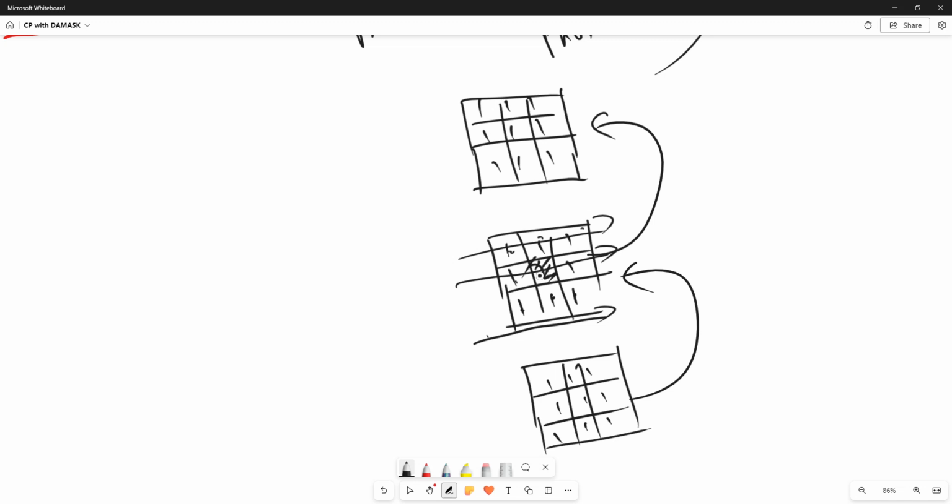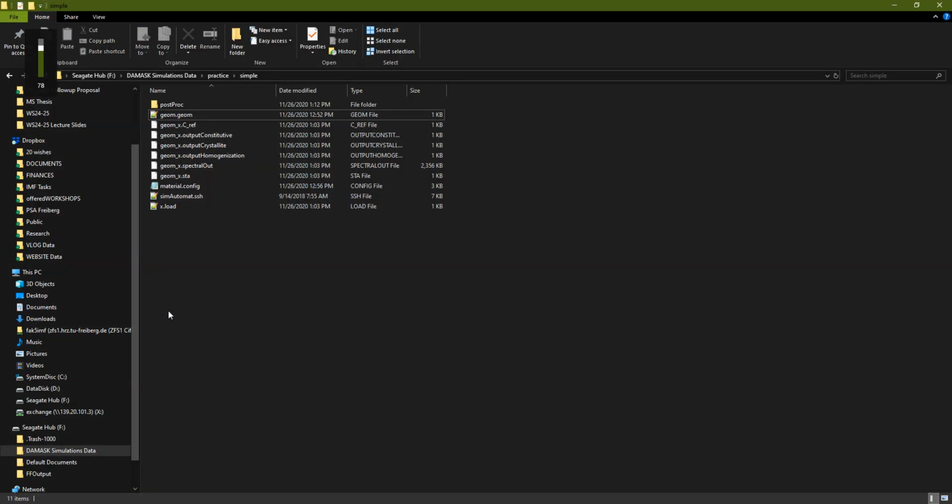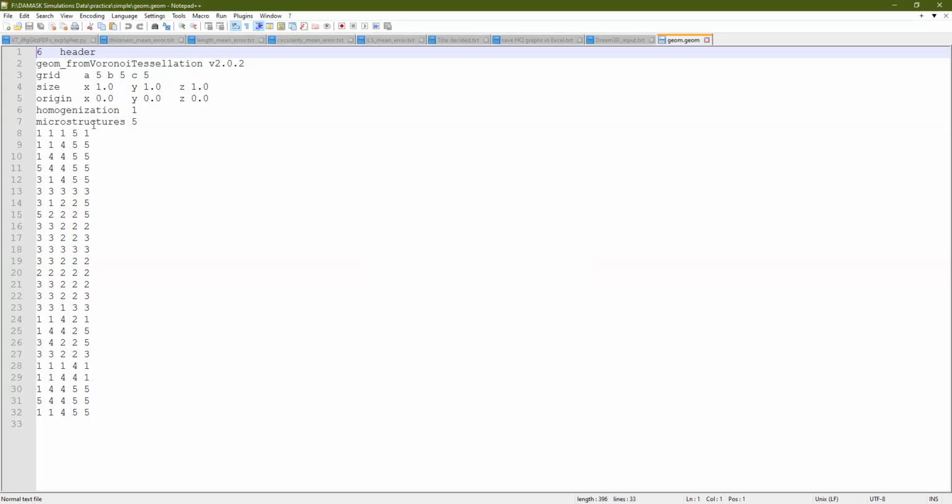Okay, so this is how the geometry file is written, and Damask reads it like this. Now we want to see an example of what a real geometry file looks like. It looks something like this. There is always information on the top. It says 6 header, which means start.